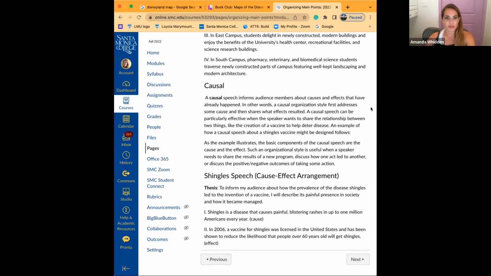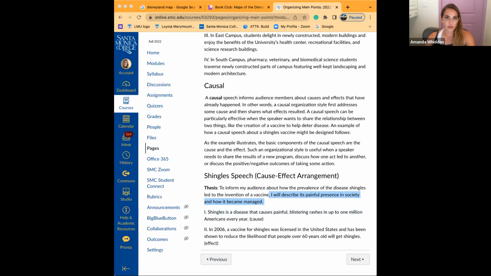In other words, causal organization style first addresses some cause and then it shares what effect resulted. So for example, here is shingles. This is an interesting one: to inform my audience about the prevalence of the disease shingles that led to the invention of the vaccine. I will describe the painful presence in society and then how it became managed.